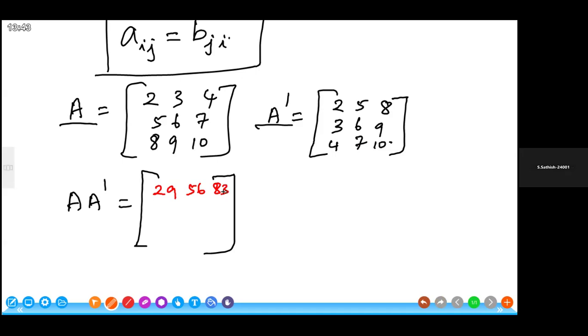Then this row multiplied by this, 56, 110, 164.